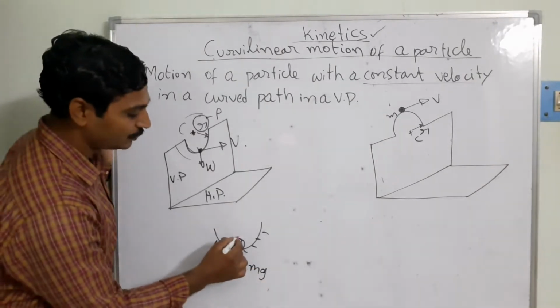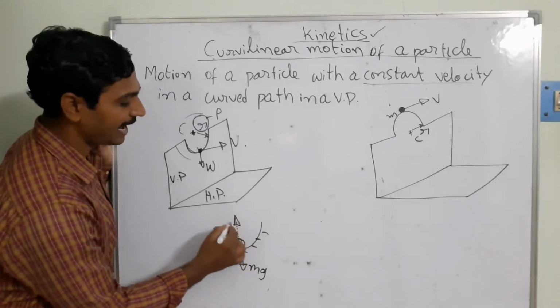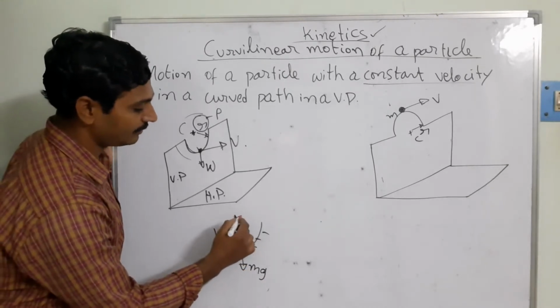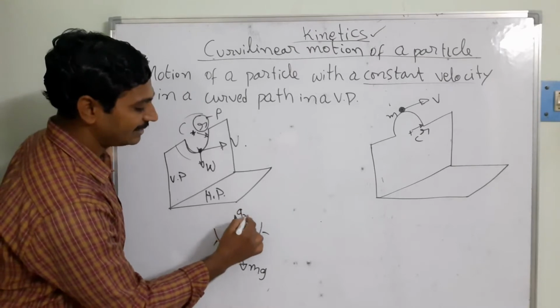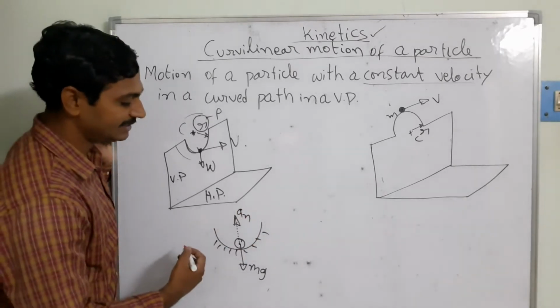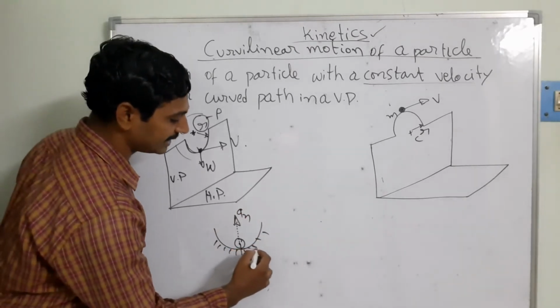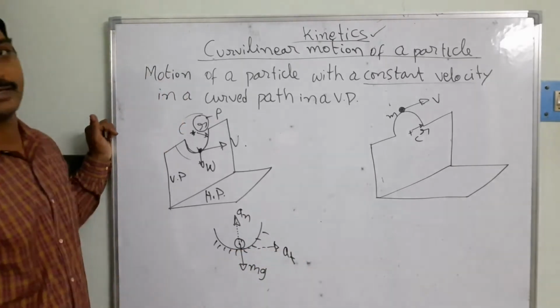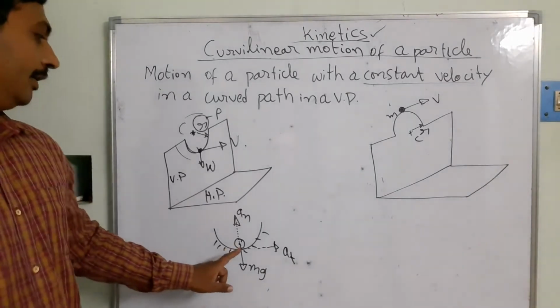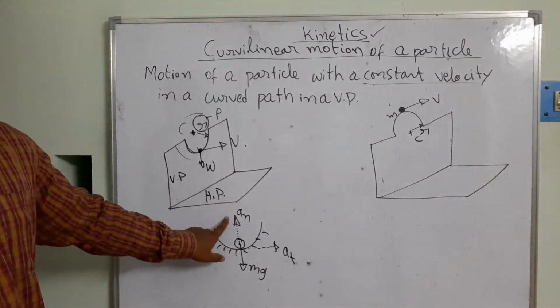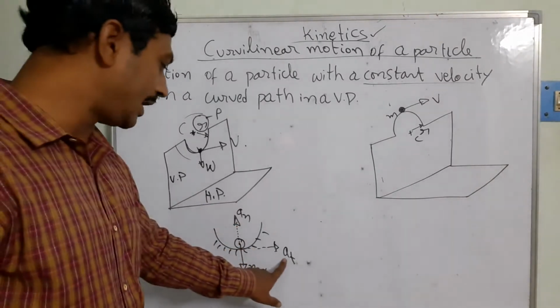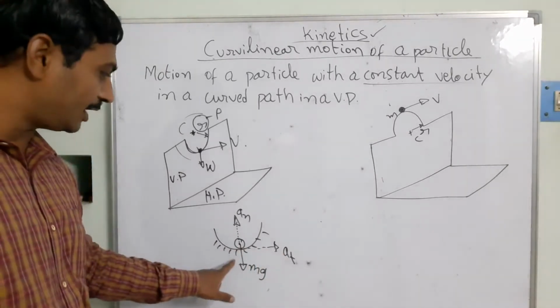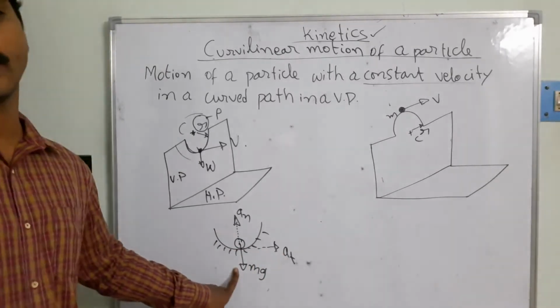Right, and towards this direction, what is acting? That is your AN, and towards this side there is the AT force acting. This is towards the center, and this is towards the tangential direction. The self weight acts vertically downward.